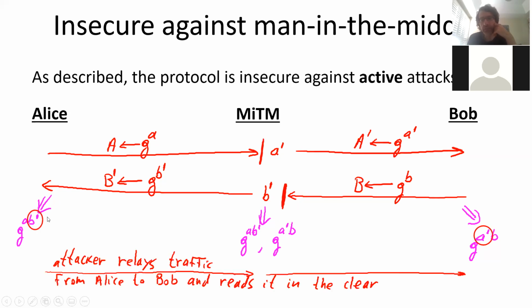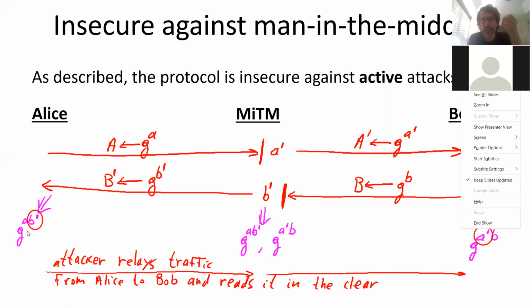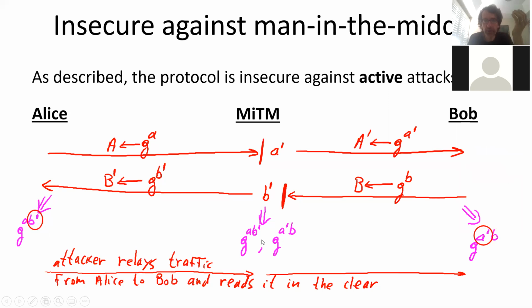So if you think that because these two keys are different, Alice and Bob somehow figure out that they were given different keys, well, it's not so easy, because whatever they do with these keys, man in the middle has the same key, so he can verify, decrypt anything that is encrypted or signed using this key. And he just turns around and does exactly the same thing under this key.